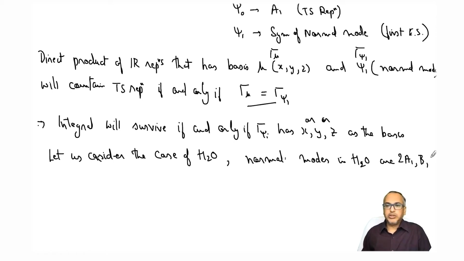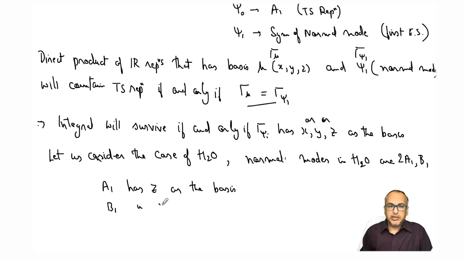So two a1 modes are there and one b1 is there. Now let us try to find the basis of a1 and b1. a1 has z as the basis and b1 has x as the basis.